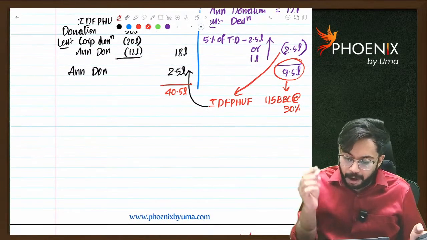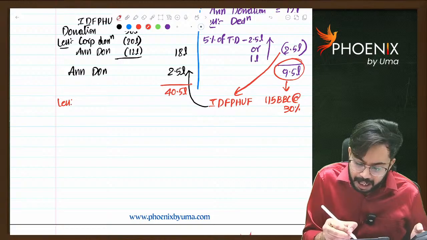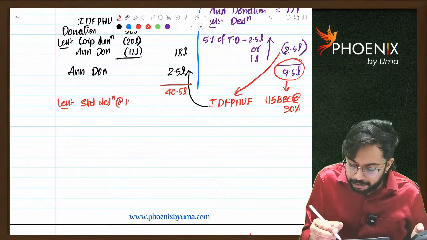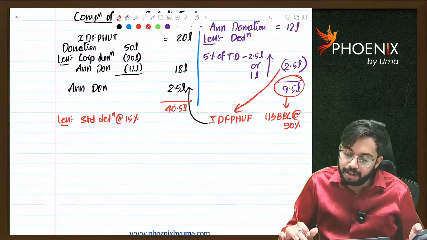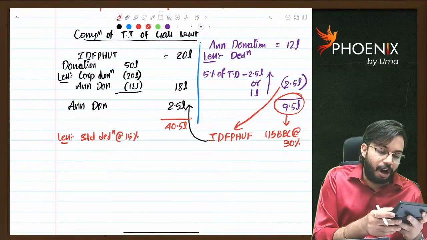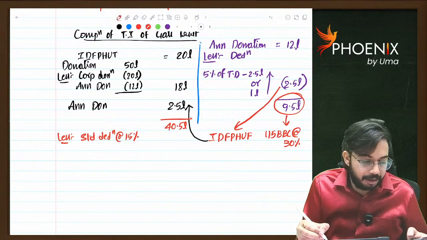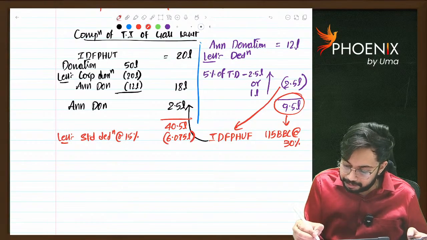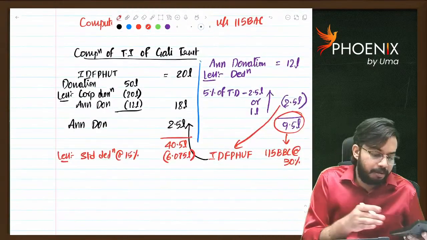Out of 40.5 lakhs, standard deduction is allowed. How much is standard deduction? Standard deduction at the rate of 15%. So 40.5 into 15%, 6.075 lakhs. Now how much balance?